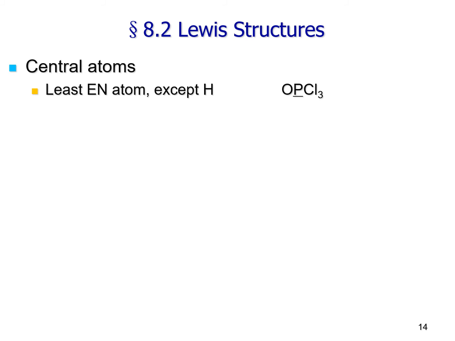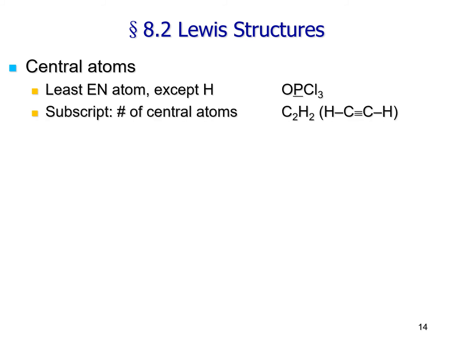It is up to us to decide which one should be the central atom by checking out the electronegativity or by checking out the location of the element in the periodic chart. So it is the least electronegative atom that should be considered as the central atom, except for hydrogen.